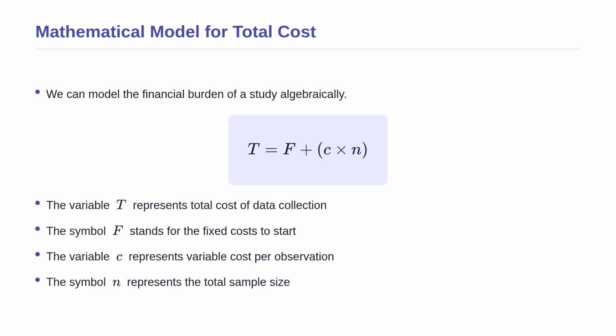F stands for the fixed costs, which are the initial expenses required just to start the study, like buying software or renting lab space. The variable C represents the cost per single observation, such as the price of one blood test. Finally, N represents the total sample size. If C is high, as in primary data, the total cost T increases rapidly as your sample size N grows.